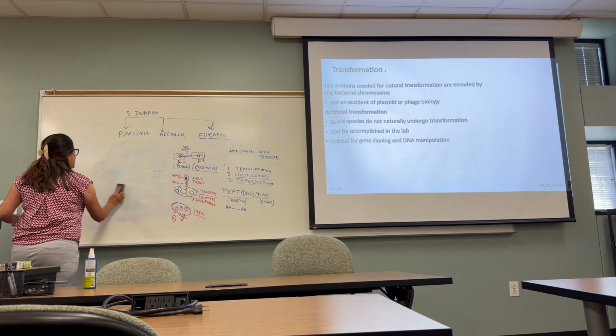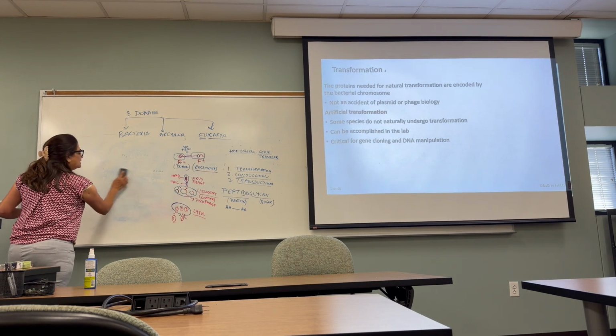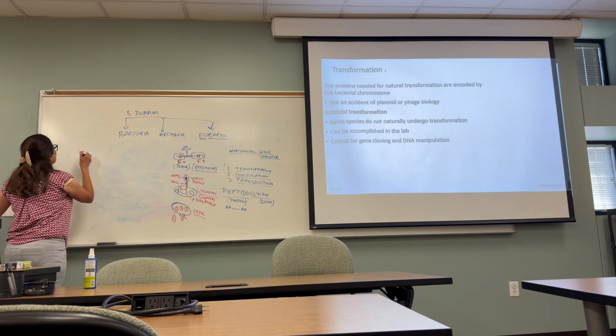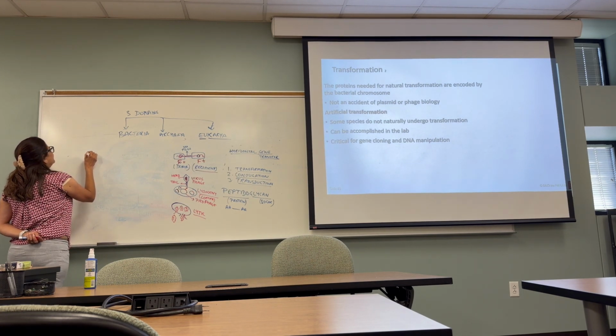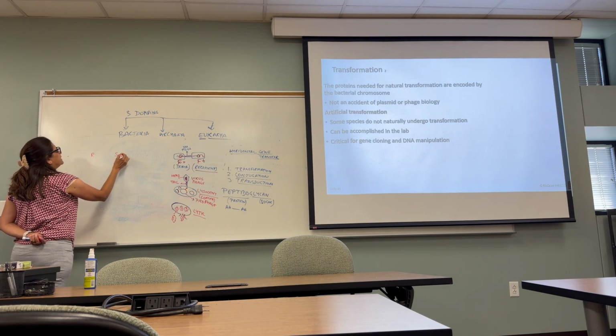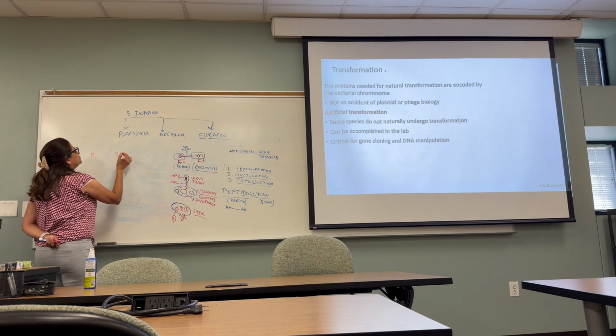So how does this happen? Let's say we have R type bacteria and S type. S type is smooth, and this is the one that is pathogenic.